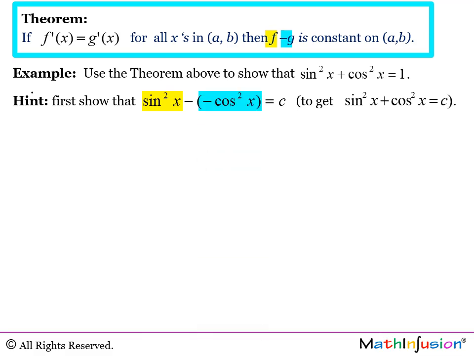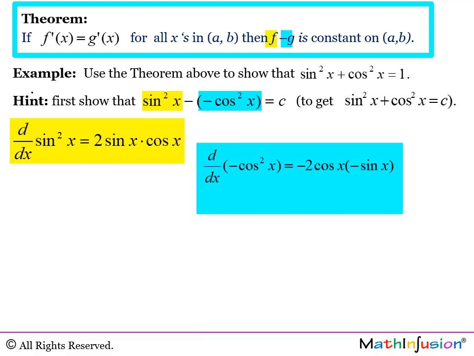And this is going to be constant if I show that the derivative of f equals the derivative of g. So we differentiate f, which is sine squared x, and we get, using the chain rule, 2 sine x cosine x.